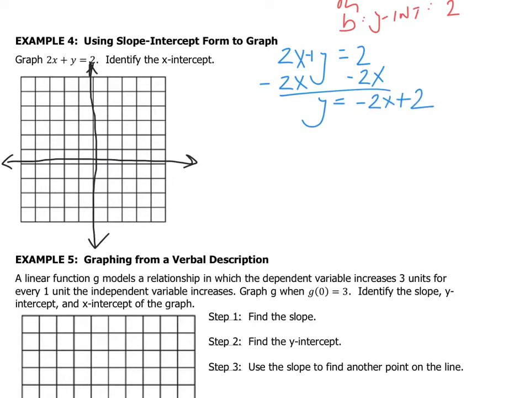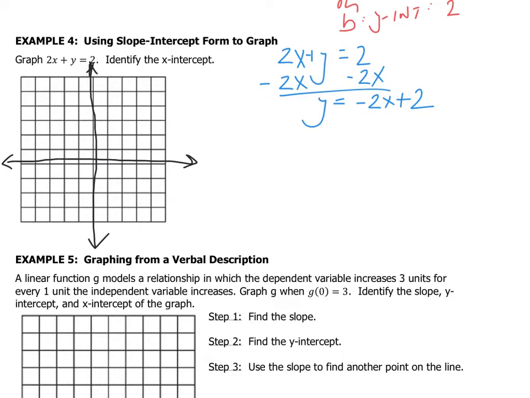Now, this is where this can be a super easy way to graph. I can definitely make a table, and remember we made our tables with 3 x's that you plug in, run it through the equation to get the y's that match them, and then we plot those points. But see how much easier this is.